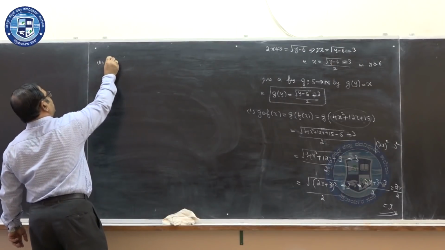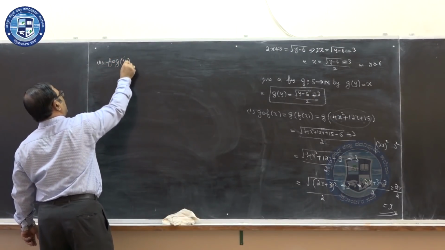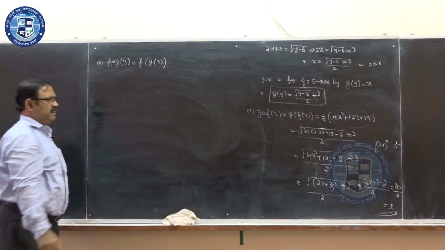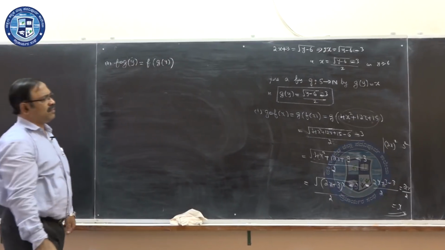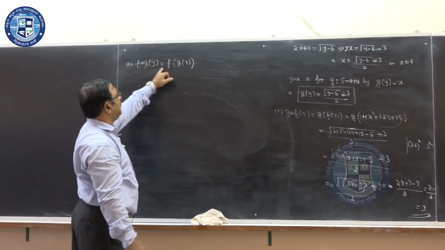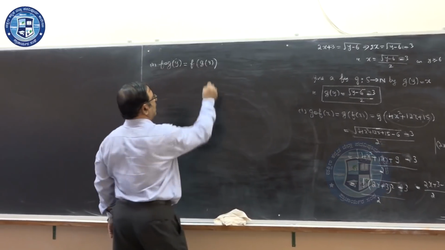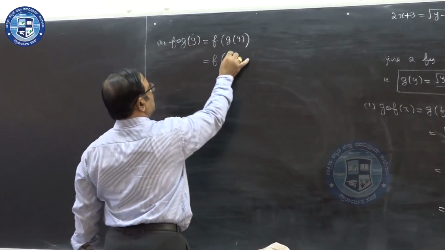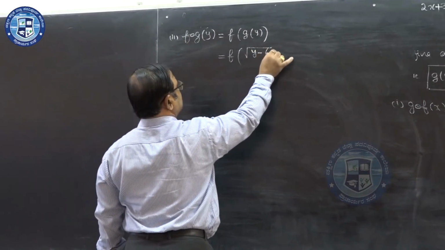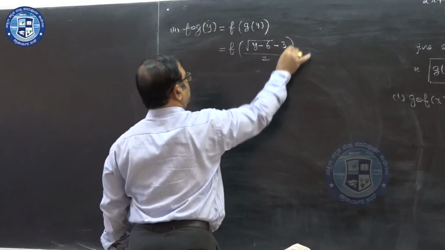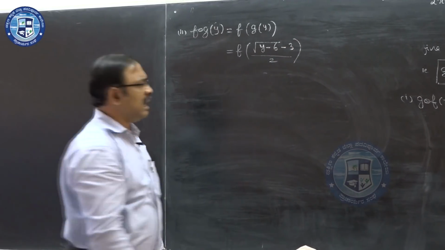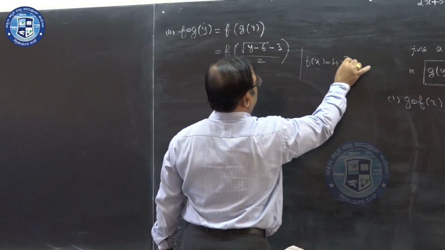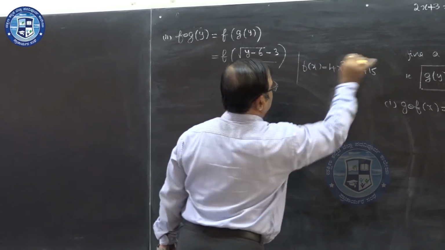Right, f composite g of y. This is f of g of y. F composite g of y, that is f of g of y. What is this f of g of y? Tell me. G of y is root of y minus 6, minus 3 by 2. Okay. Now tell me, what is f of x? 4x square plus 12x plus 15.